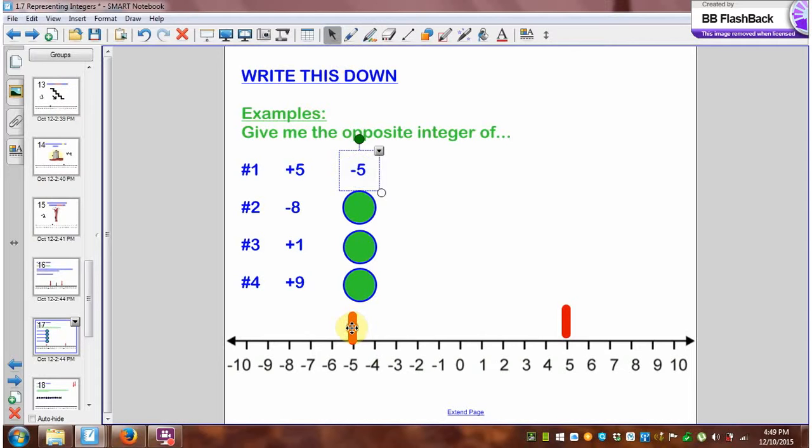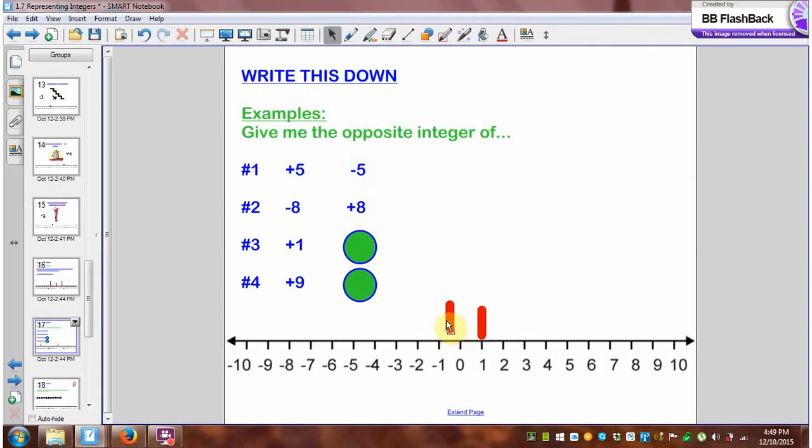If I had a negative 8 down here, what's my opposite? Well, it's got to be the same distance from 0 as negative 8, so it's got to be positive 8. I have positive 1 here. We go the same distance, but the opposite direction.